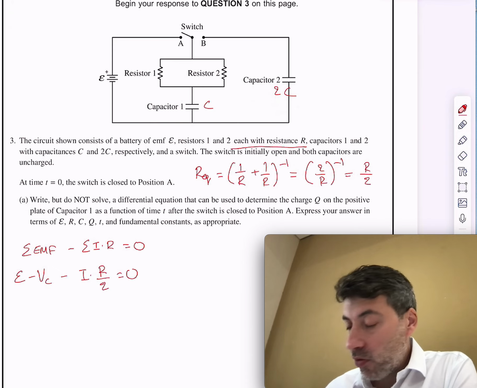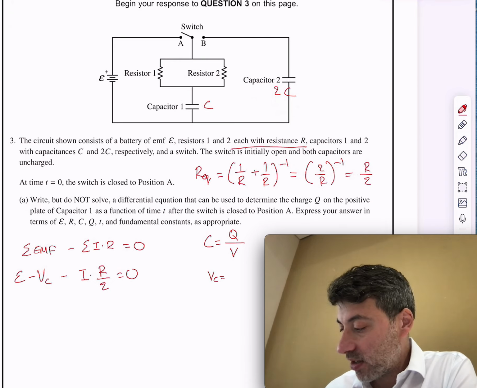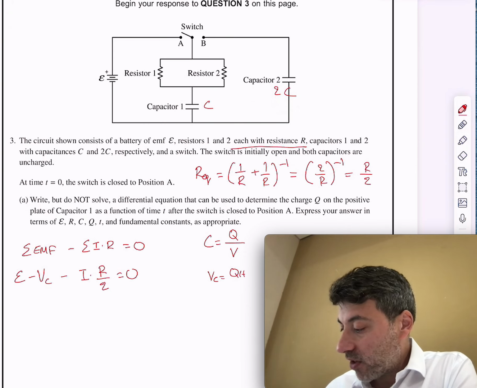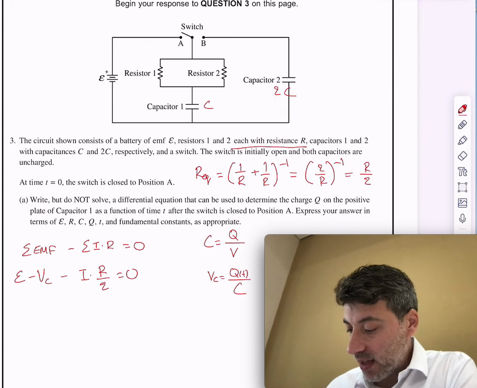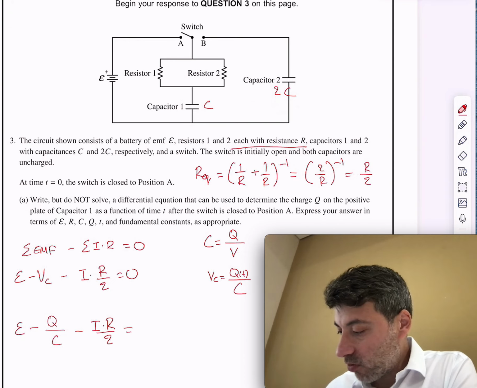We also need to remember that capacitance is equal to charge over voltage. This means the voltage on the capacitor is the charge, which is variable, charge as a function of time, divided by the capacitance. So we get EMF minus Q over C minus I times R over 2 is equal to 0.